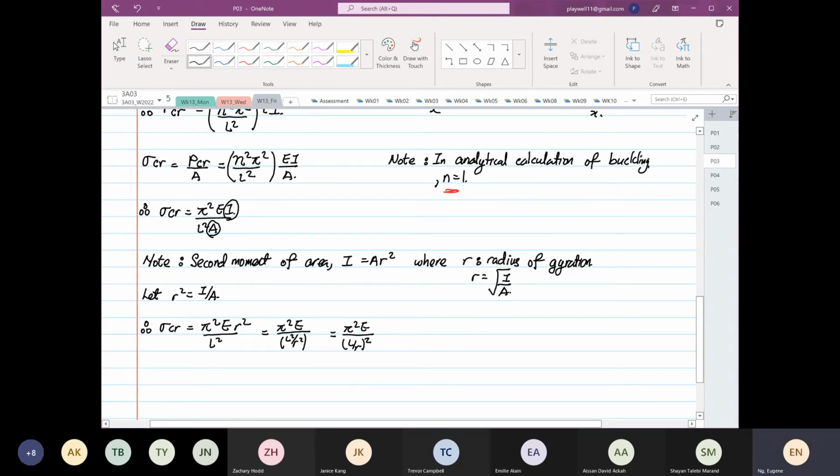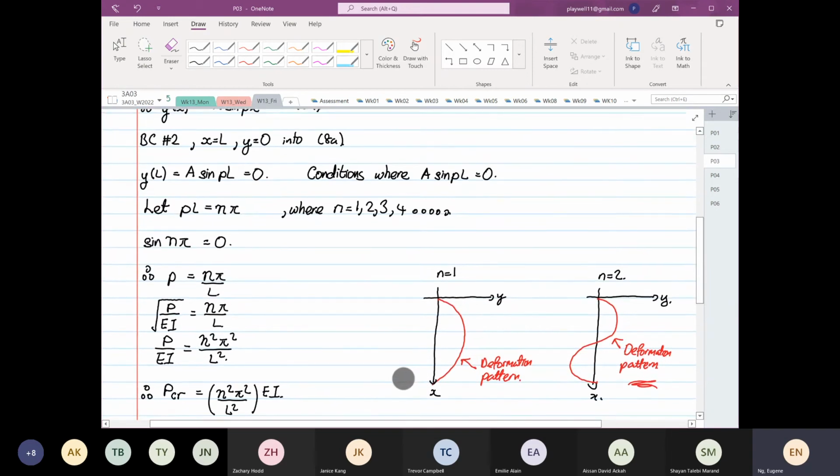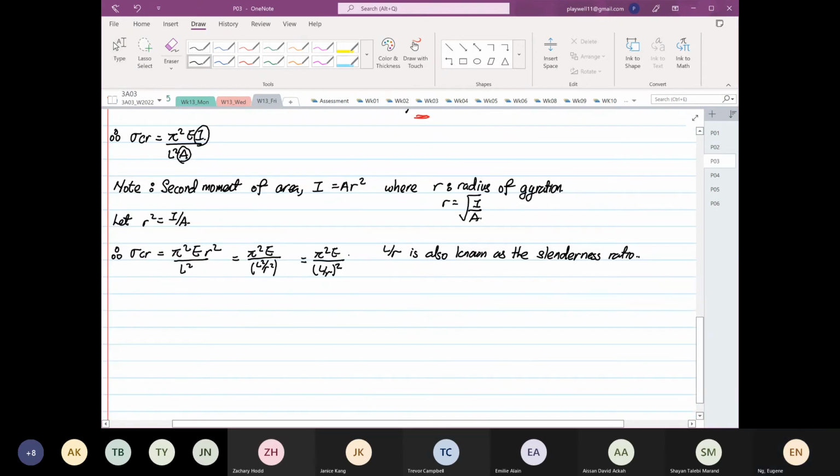So now to take note, L over r is also known as the slenderness ratio. After writing so long, this is probably our equation number 9.